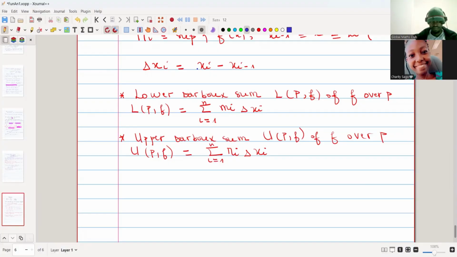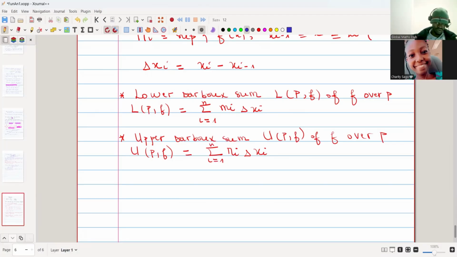If the lower double integral of f over the interval [a, b] equals the upper double integral of f over [a, b], then f is Riemann integrable. But here, as f is not Riemann integrable, we are going to see that the lower double integral is different from the upper double integral.